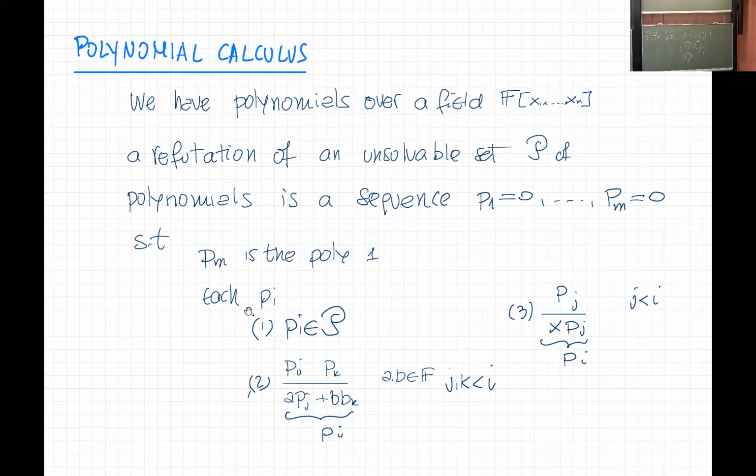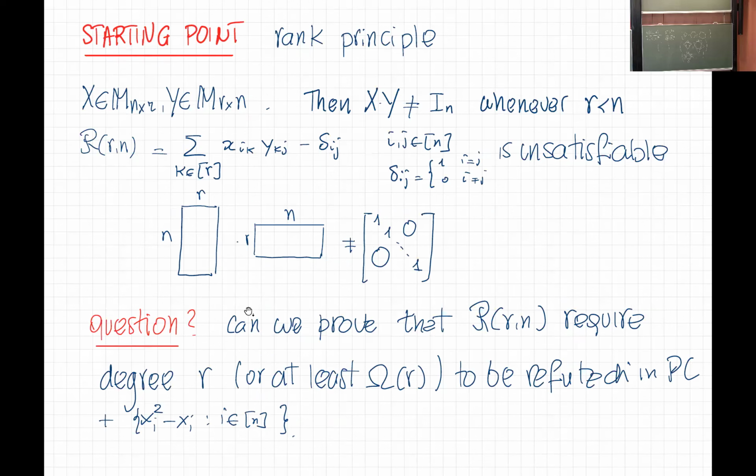Here I'm moving in PC because we are only looking at the degree of refuting a set of unsatisfiable polynomials. And we also don't have axioms forcing variables to 0, 1, or we will have them when necessary, because we are looking at sets of polynomials, not at things encoding some Boolean form. Okay, just to say that.